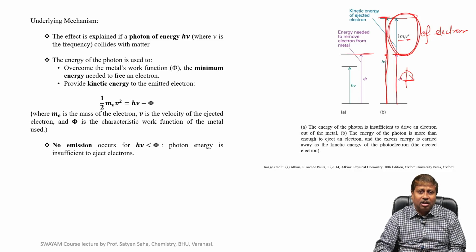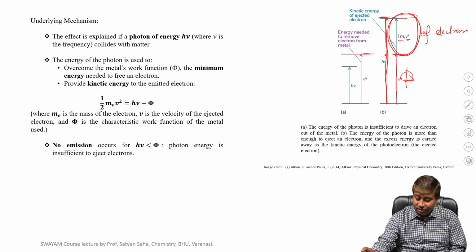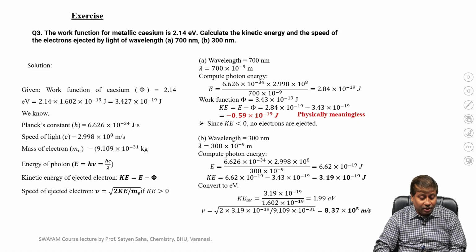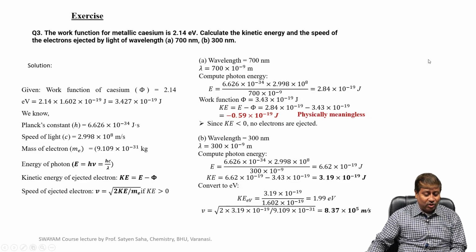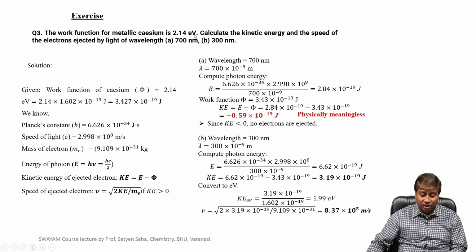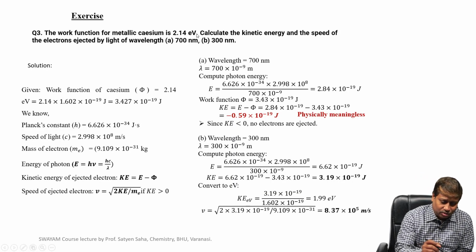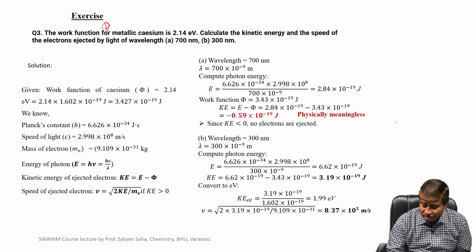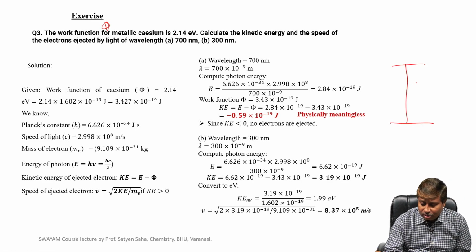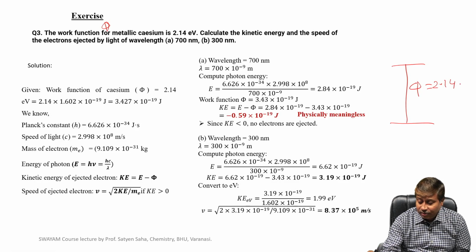These things I have taken from Atkins' book, where it is nicely explained. Now, let us go through a few examples. Say the work function theta of the metal cesium is 2.14 eV.